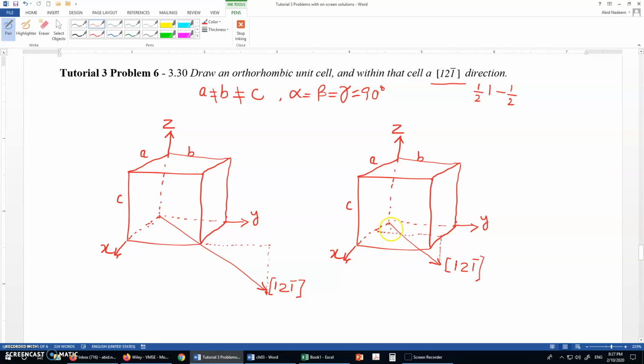In this way we are limiting ourselves inside of the boundaries of the unit cell, but not completely. As you can see, this direction is a little bit outside.